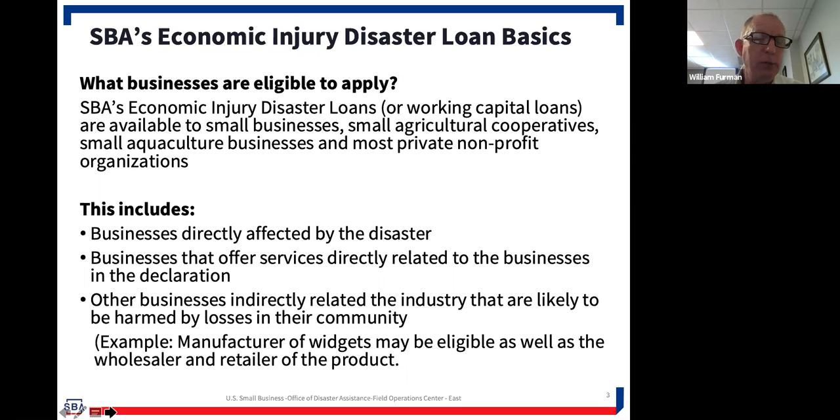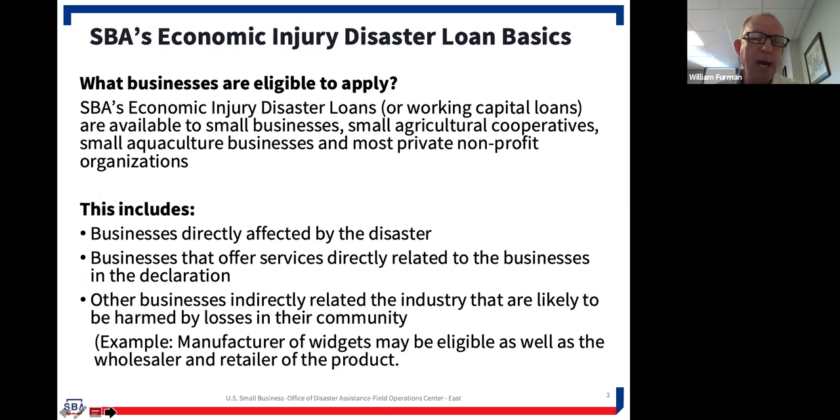Now, the big news this morning is, again, you just have to realize that everything is flexible, everything is changing. We get different news every day, so just bear that in mind. We just have to work with that. With that said, overnight, SBA temporarily closed the application portal for the Economic Injury Disaster Loan Program.